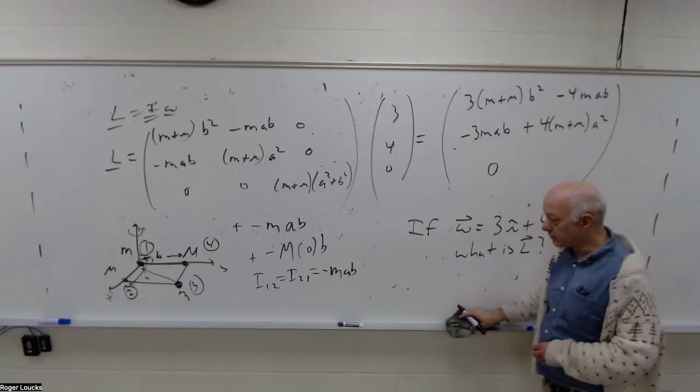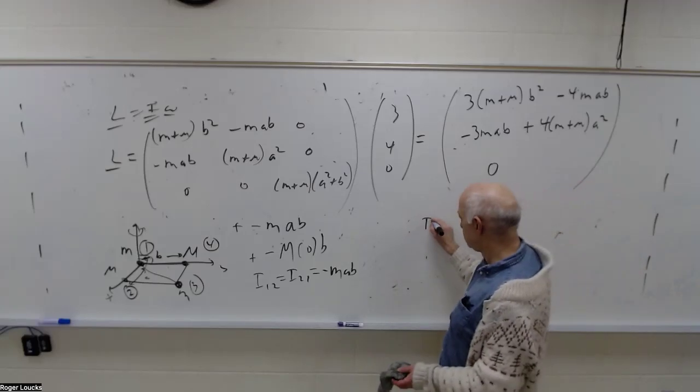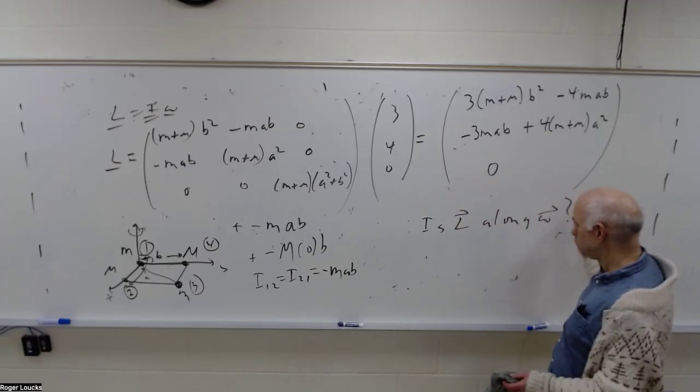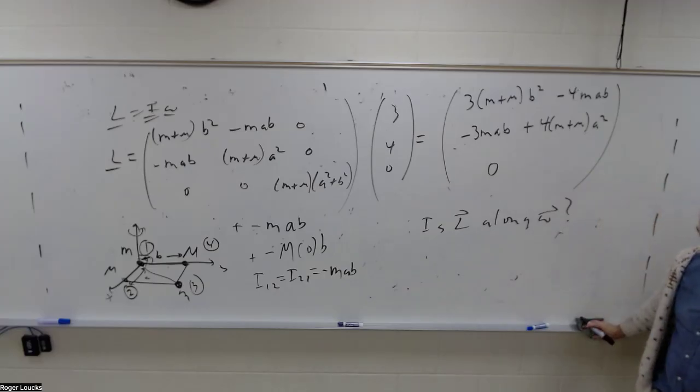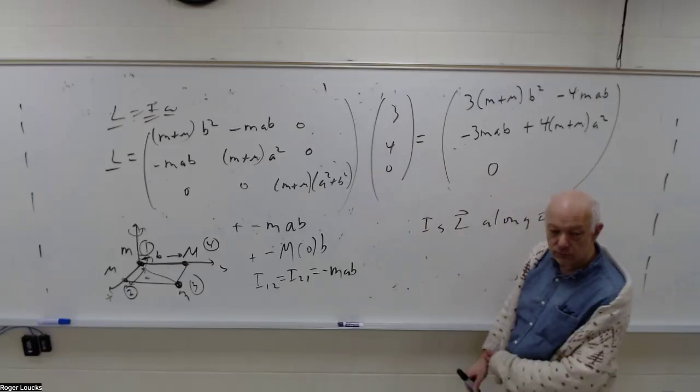Is L along omega? I mean, is this L some multiple of my omega? Can I pull terms out and write this as a column vector 3 4 0 times some overall constant?